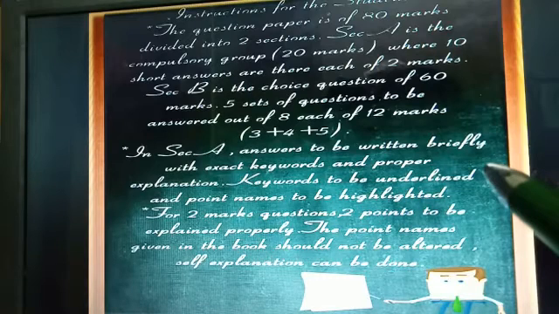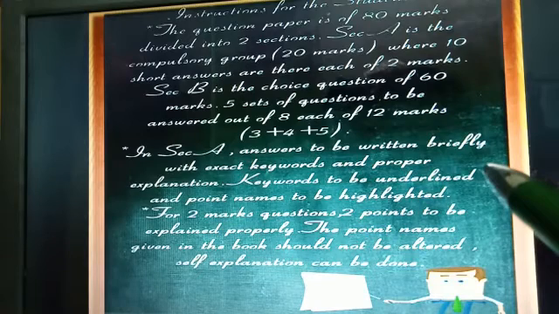Keywords are to be underlined and point names to be highlighted. Now these point names are there in the book, and you cannot alter or change the point names given in the book. But please remember, when you are explaining the point, you can write in your own language, provided you write the correct explanation.